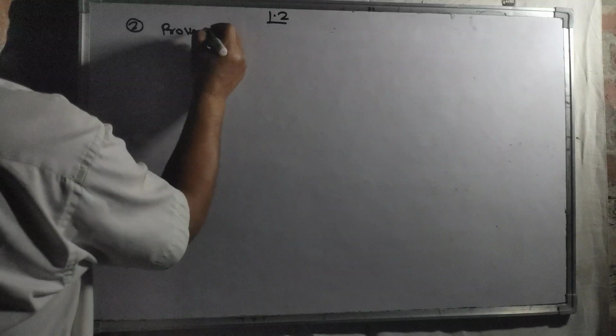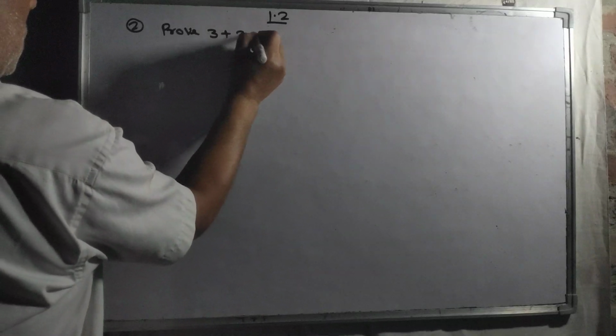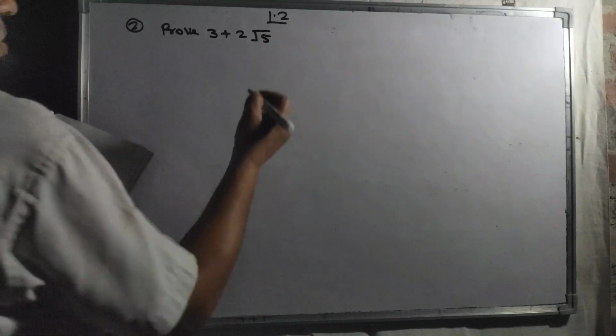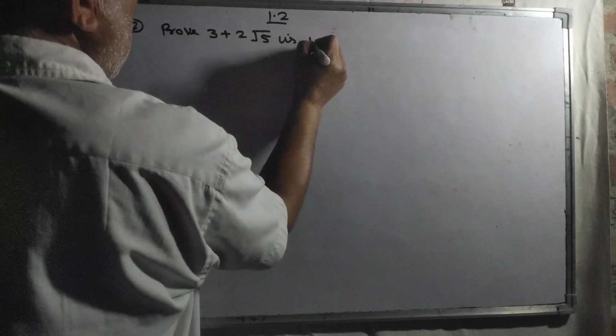Question number 2. Prove that 3 plus 2 root 5 is irrational.